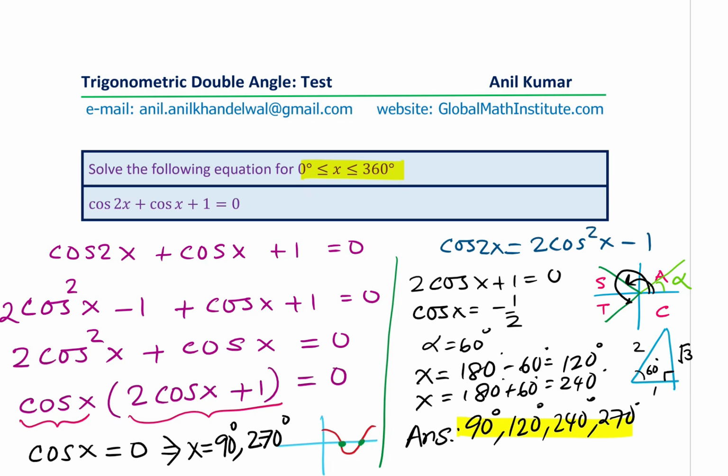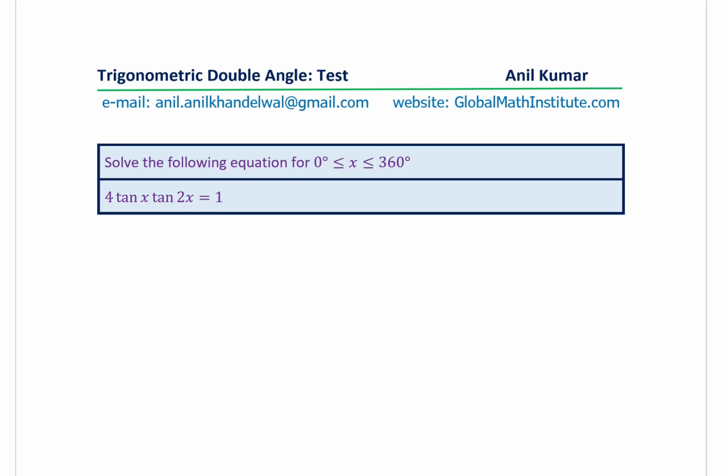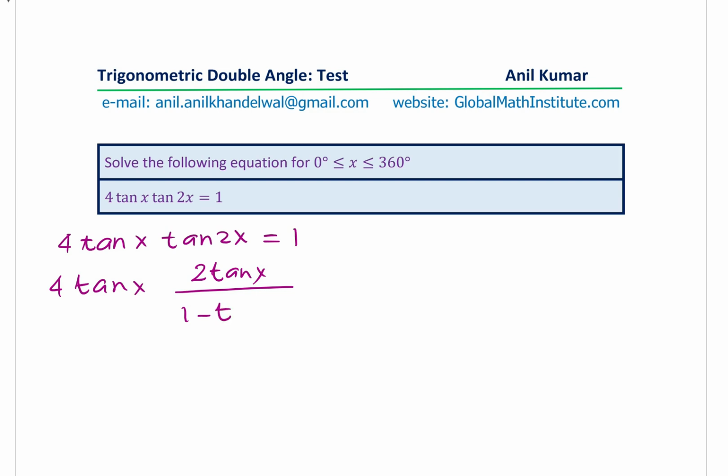Perfect. Now let's take the next example, which is based on tan. So the question here now is 4 tan x times tan 2x equals 1. So 4 tan x, and tan 2x can be written as 2 tan x over 1 minus tan square x, equals 1.